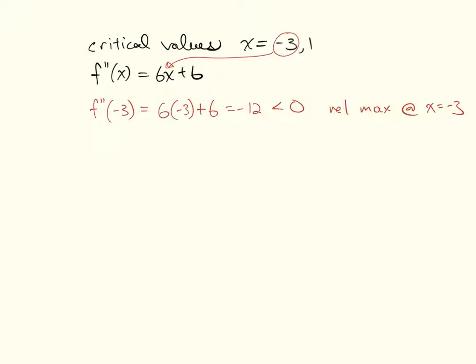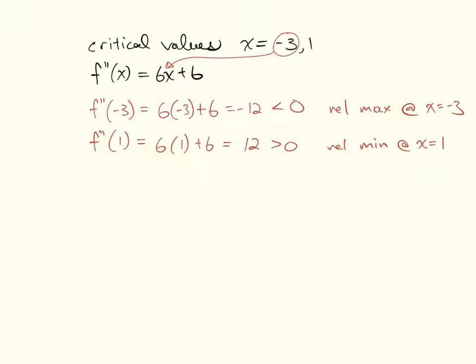And if you substitute in a critical value, say 1, and you get something back that is positive, then you have a relative minimum at that x value.